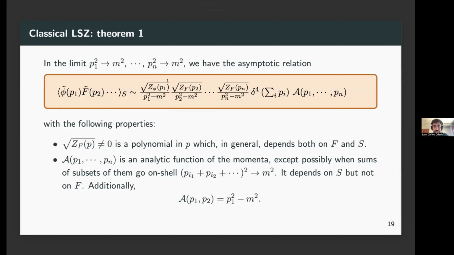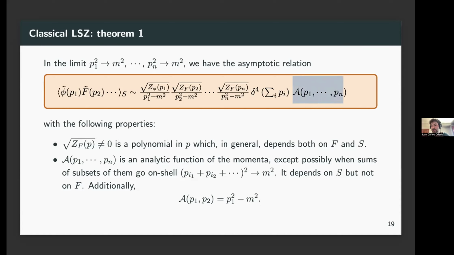It splits in this way, so it has normalization factors which depend on the source term, one for each external momentum. And then you have this factor, which is the amplitude, and that doesn't depend on the source terms.